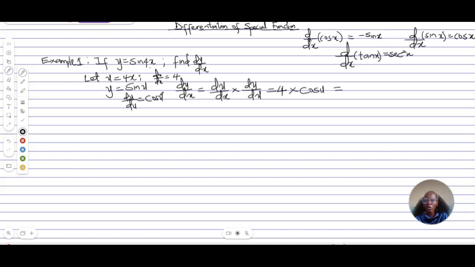So this is simply 4 cos u. But we have to recall that u is equal to 4x. So our final answer is simply 4 cos 4x. And that's our final answer.